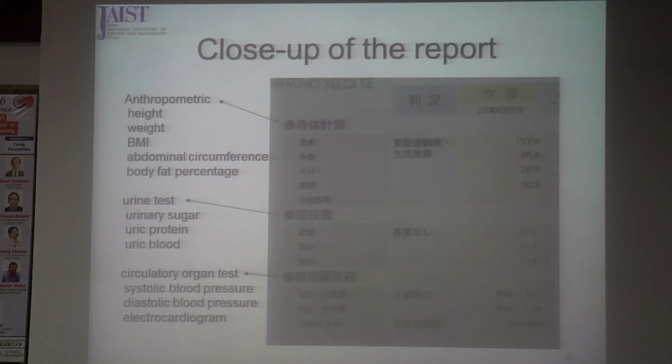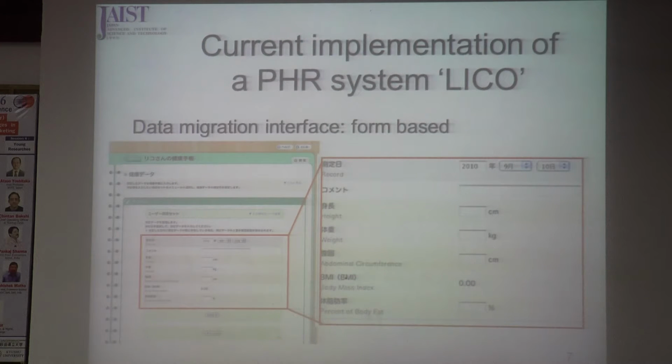And we have fewer chances to keep track of our health record to see whether our health condition is getting better or not. So one issue is how we can migrate such information to, for example, a smartphone or laptop PC to take care of our health by ourselves.